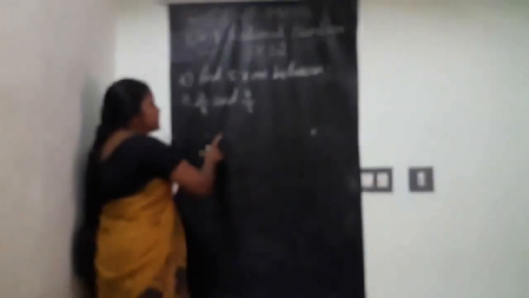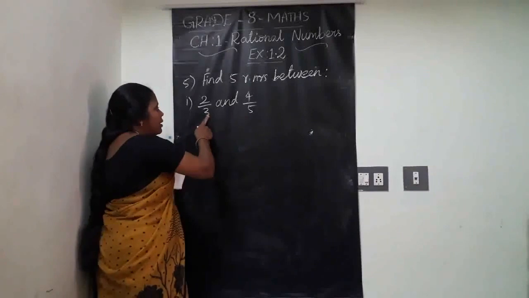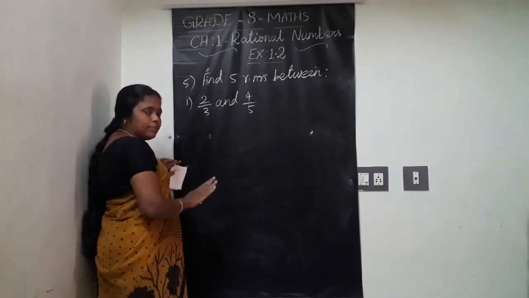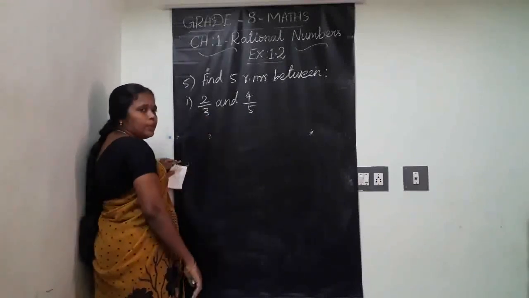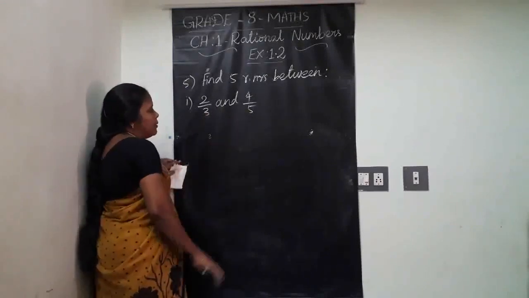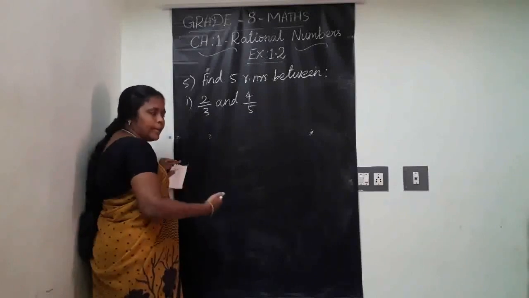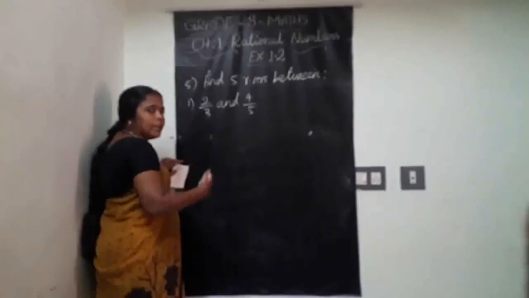In the first method, which I tried just now, in which way did I try it? I took the LCM of the denominators, because first of all we have to check whether both are like or unlike. Like means no problem, LCM work is not necessary. Unlike means we have to find the LCM of the denominators and change into like fractions. Then make the fractions a little bit bigger level.